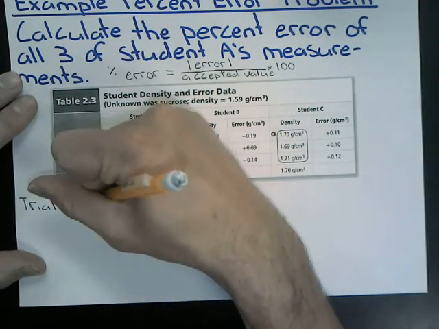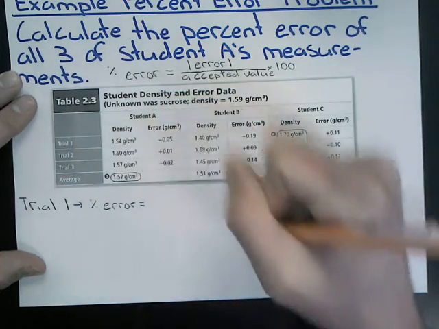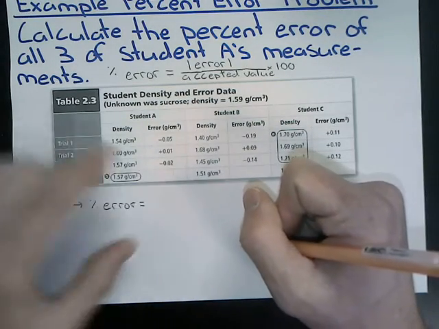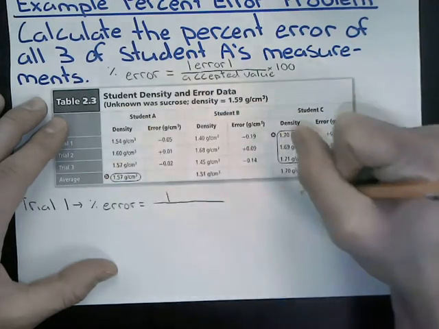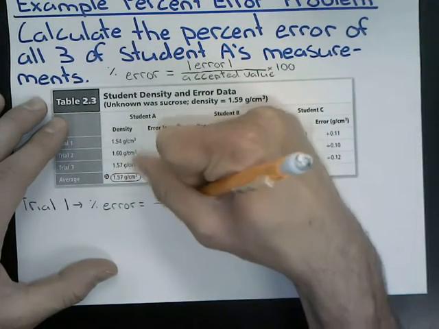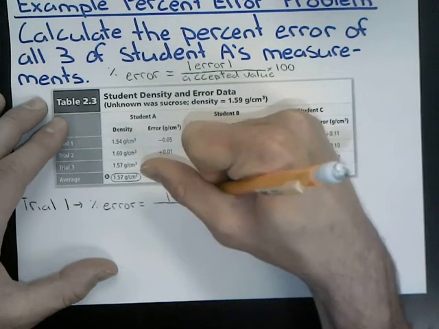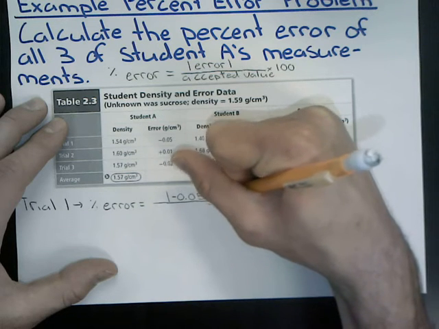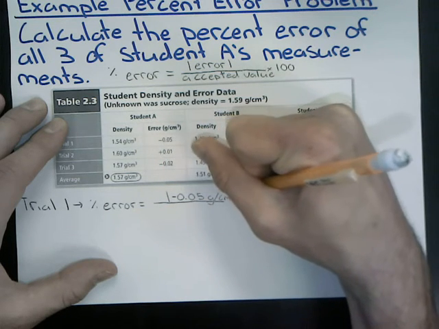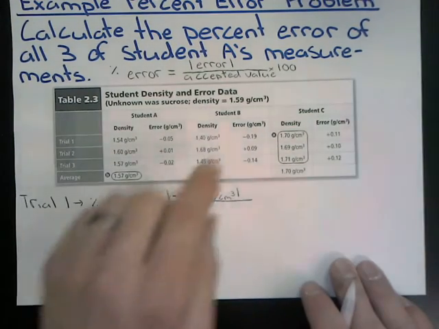To calculate the percent error, we would take the error and we would put it in these absolute value lines. So we take negative 0.05 grams per cubic centimeter, and we would divide it by the accepted value.